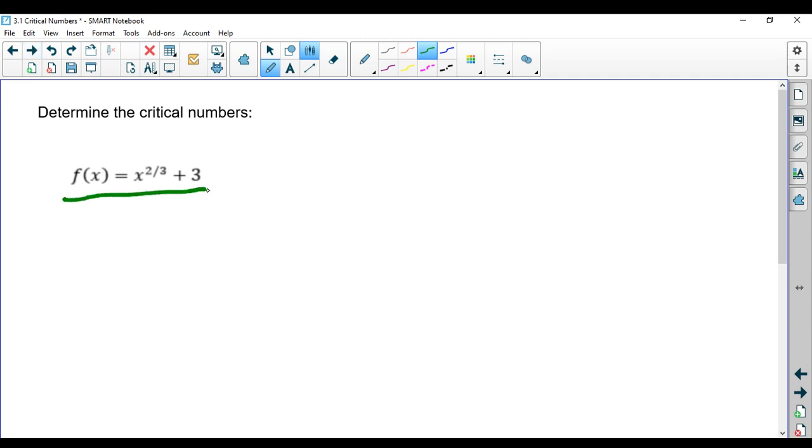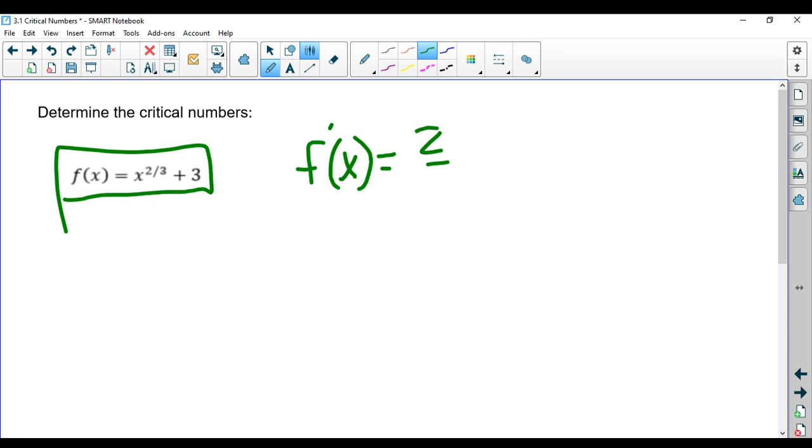Second example is a radical function. This is the cube root of x squared. To find the critical numbers, we're going to set the derivative equal to 0. So the derivative is 2/3 x to the negative 1/3, and the derivative of 3 is 0, so plus 0.